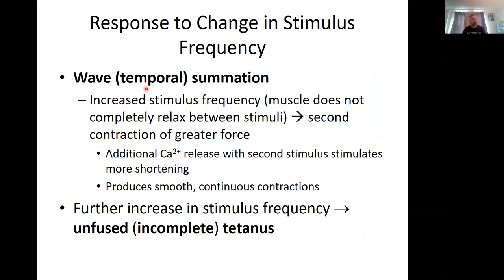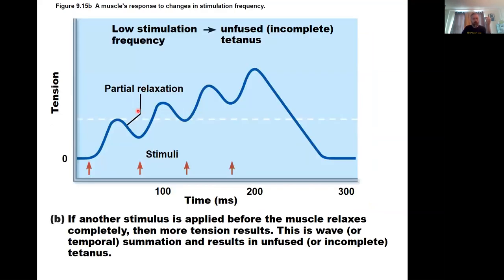But the idea here, and I'm just going to show you the picture, is that we have a twitch, and we add this much tension, and then we start to relax. But before we get to zero, we have another one. We add this plus this, and we get this. And we do it again, and we do it again, and eventually we get to a point where we generate an awful lot more force than we could with just one twitch.